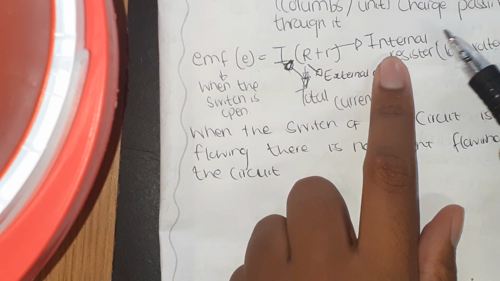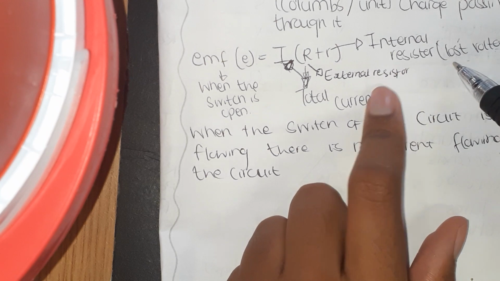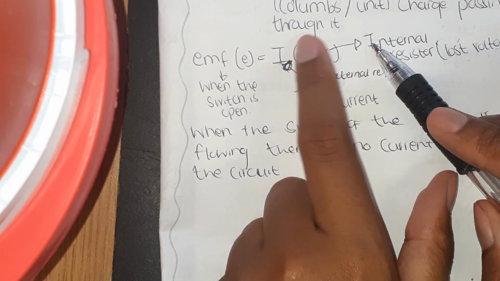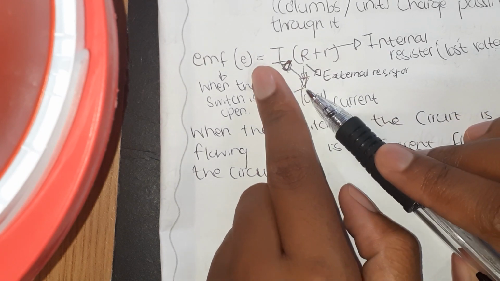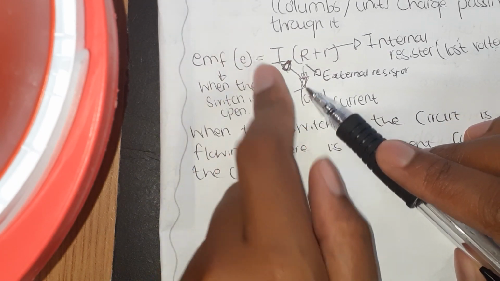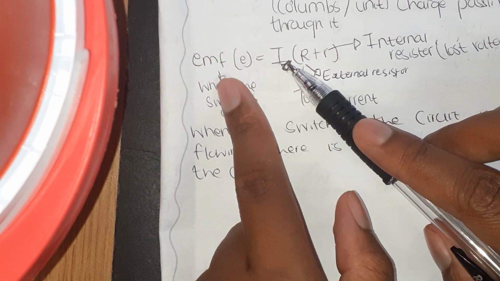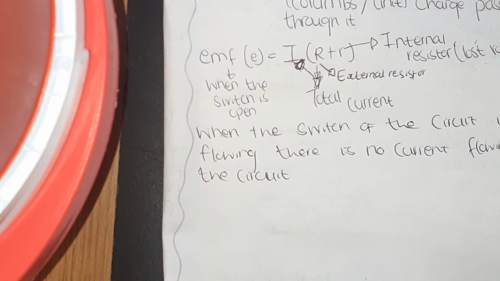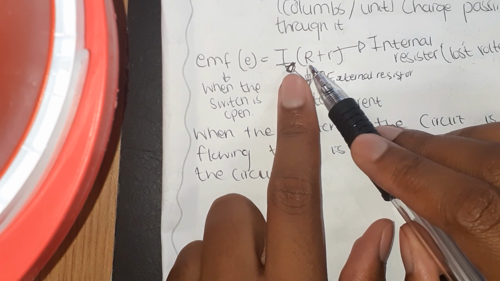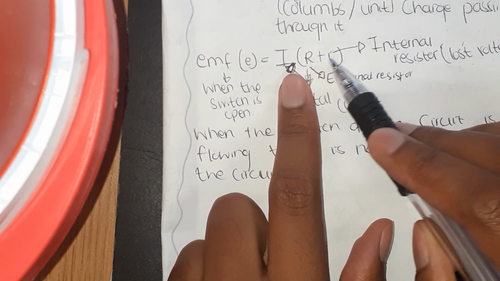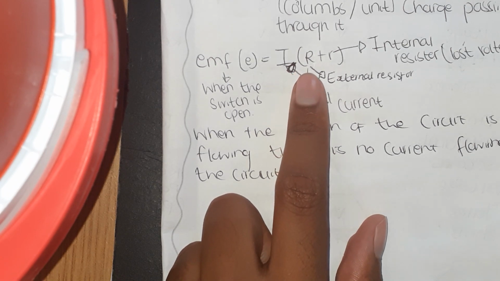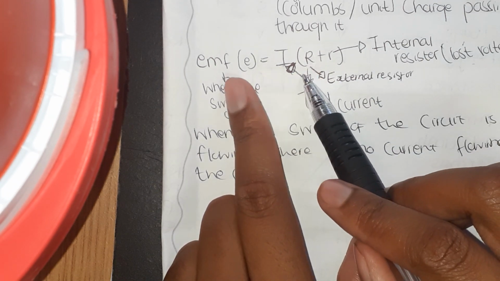And this is the internal resistor. So this is the external resistor, this is the internal resistor, this is the total current, and this is the energy. So when you're looking for this and you have energy, you can also use this formula, for grade 11s and grade 12s, when you have an internal resistor but you don't have your external resistor. This is not for grade 10.